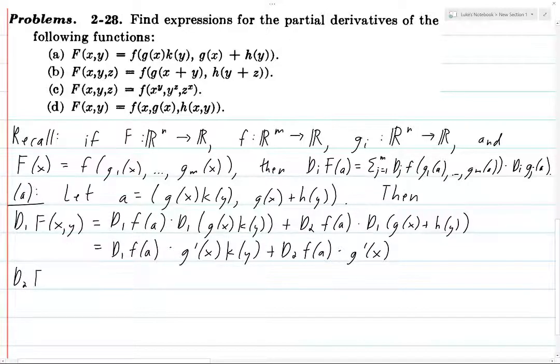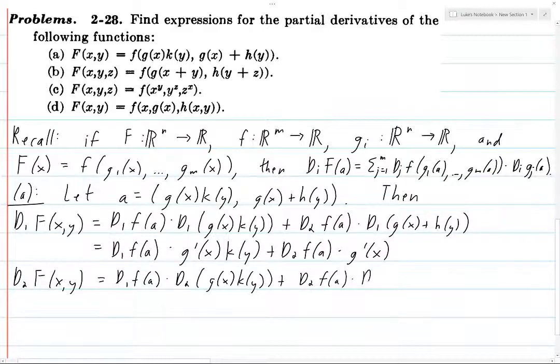For D2 of F, it's going to be similar. We start with D1 f at a times D2 of g(x)k(y), plus D2 f at a times D2 again of g(x) plus h(y).